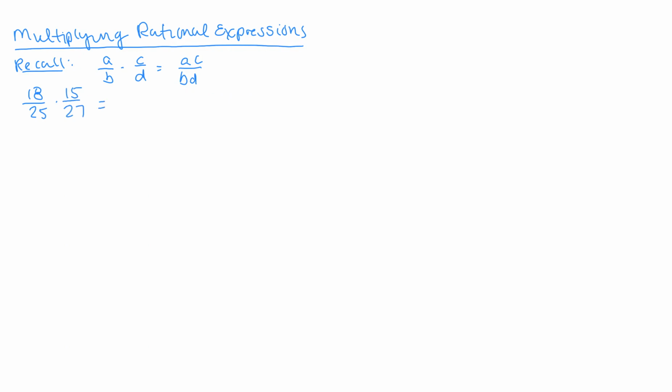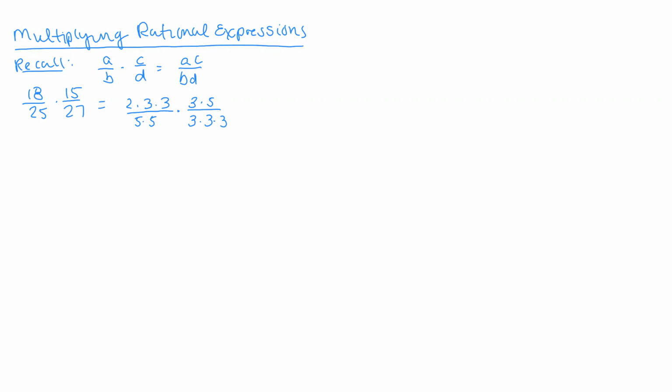We would break these down and find factors of each of these numbers. 18 could be written as 2 times 3 times 3. 18 is 2 times 9, 9 is 3 times 3. 25 could be written as 5 times 5. 15 could be written as 3 times 5, and 27 is the same as 3 times 9, and 9 is 3 times 3.